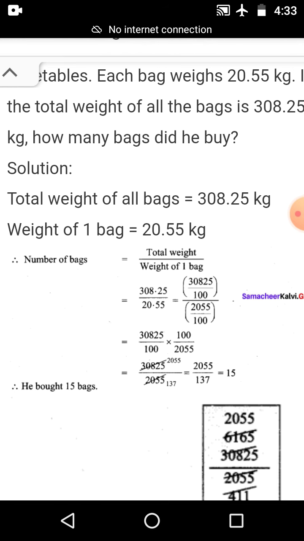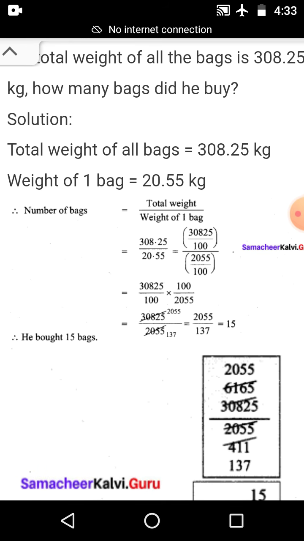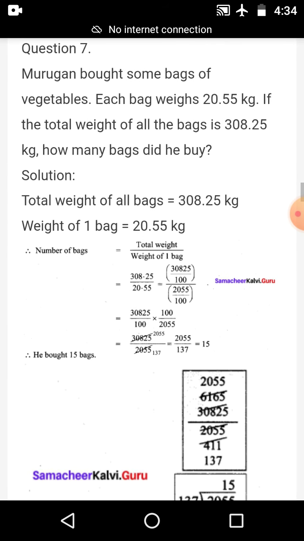Convert it into fraction form and write the reciprocal, and simply cut it. Simplifying, you get the answer 15. So the number of bags will be 15. Cut it down with the common factor 5.